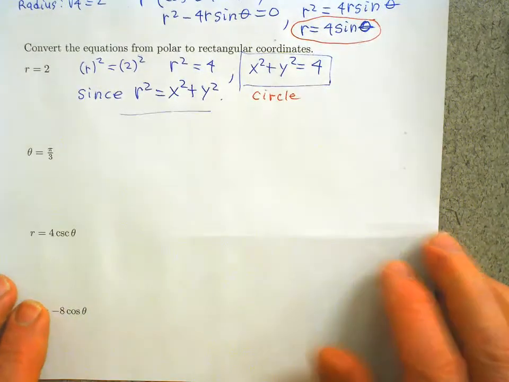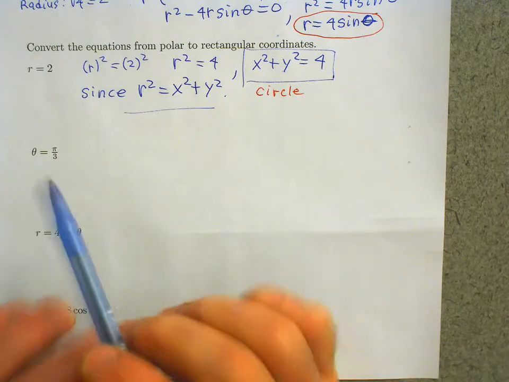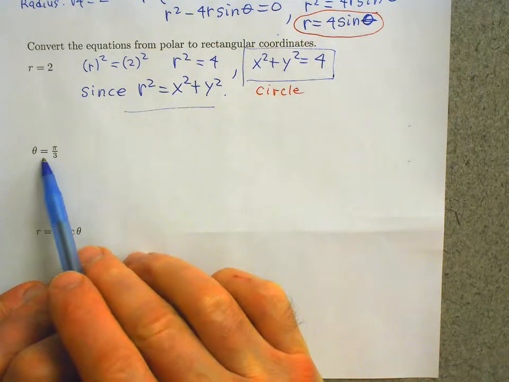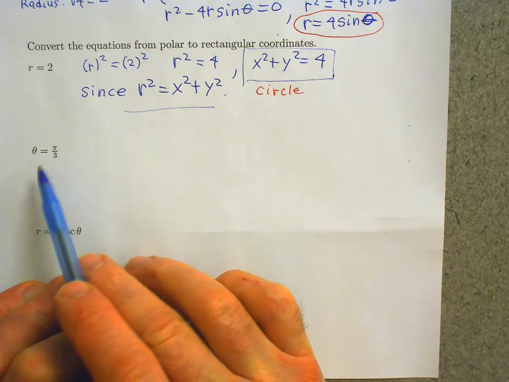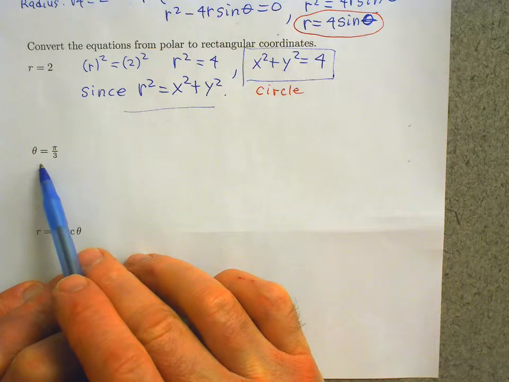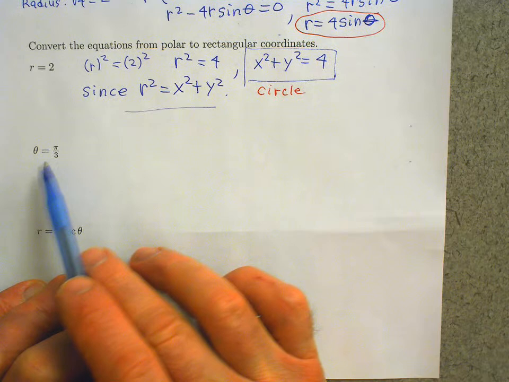Hey, the next one, what do we do with this? Theta equals pi over 3. We want to come up with an equation that's in rectangular coordinates involving x and y. Well, in this equation, theta is given to be pi over 3. The r variable is not present.